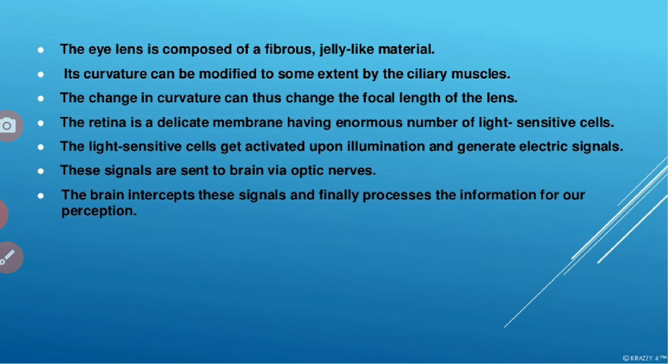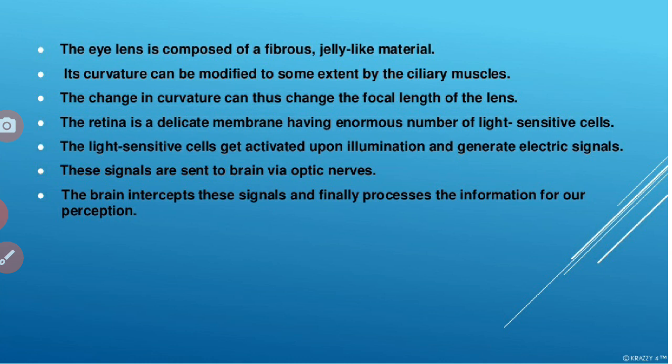The eye lens is composed of fibrous jelly-like material. Its curvature can be modified to some extent by the ciliary muscles. The change in curvature can thus change the focal length of the lens. The retina is a delicate membrane having an enormous number of light sensitive cells.